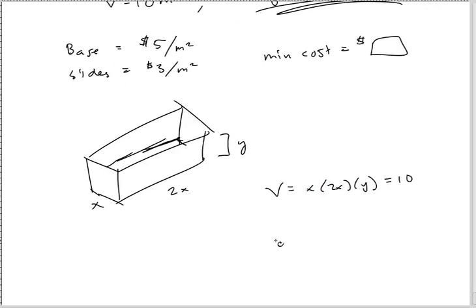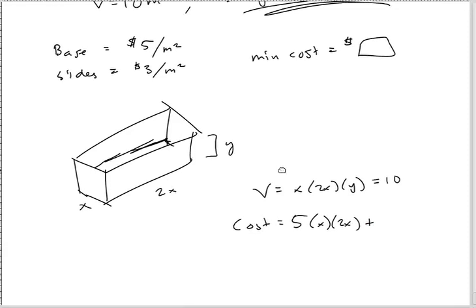And I guess you could say my cost, I would say surface area, but this is going to be a cost function instead. The base here is that $5, so 5 times X times 2X. And then each side is actually going to be a little bit longer than you think.